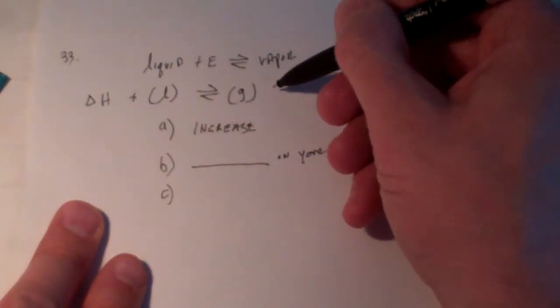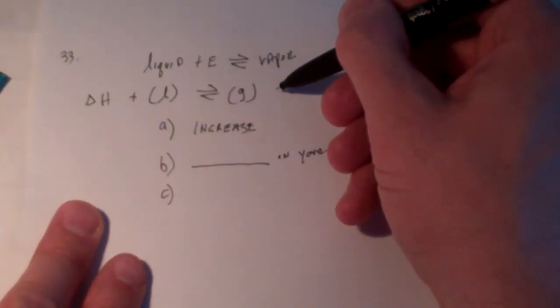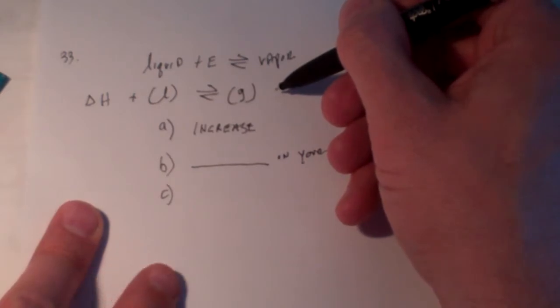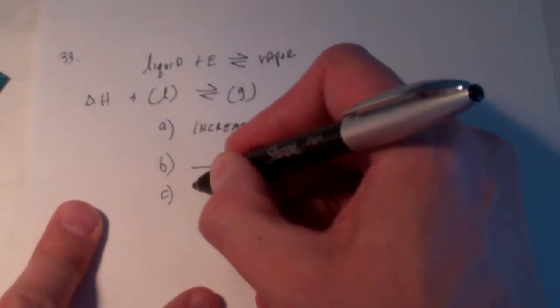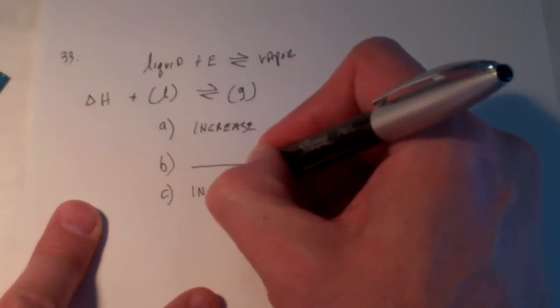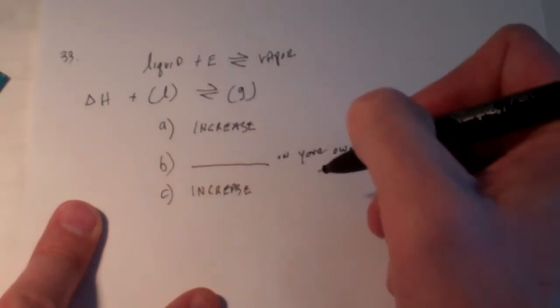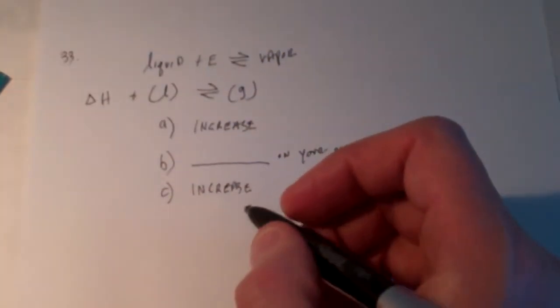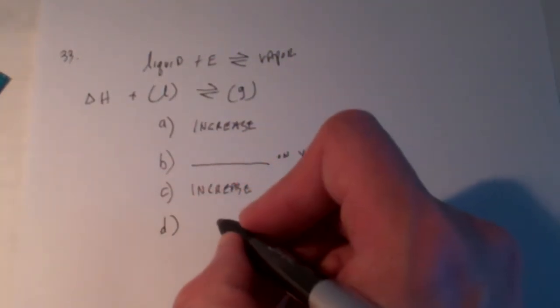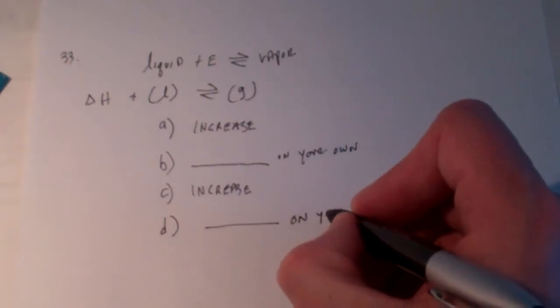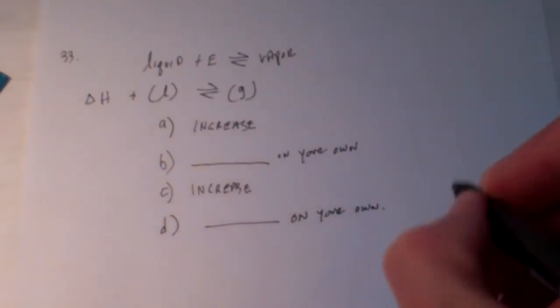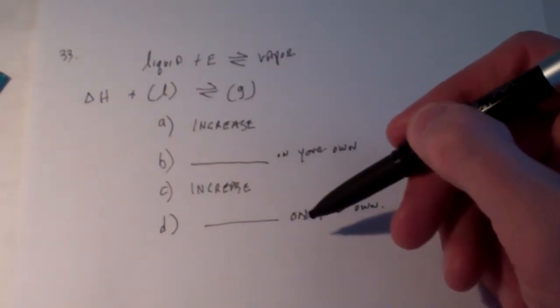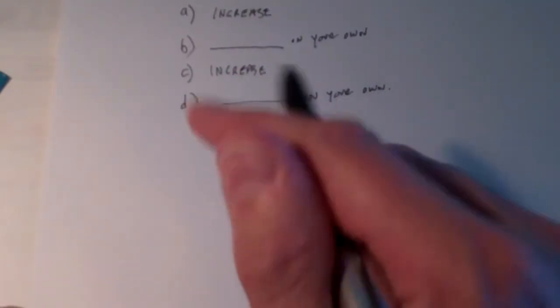So won't I have more gas at the new equilibrium than what I had at the older equilibrium when it was colder? So I claim the concentration of gas particles will increase because the equilibrium will have shifted to the right. Letter D, that's another one where you are on your own. Okay, I'm not going to do all of these for you like I stated earlier.